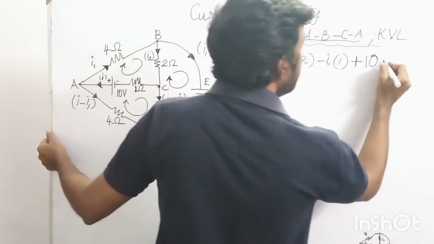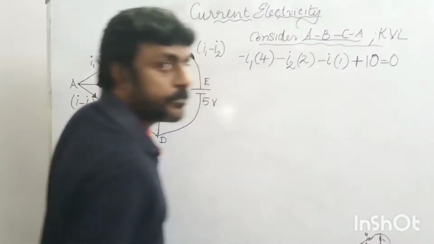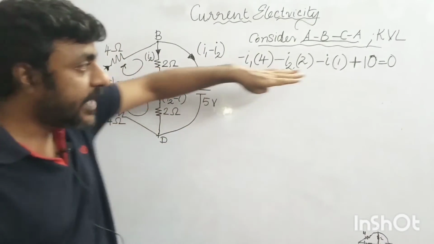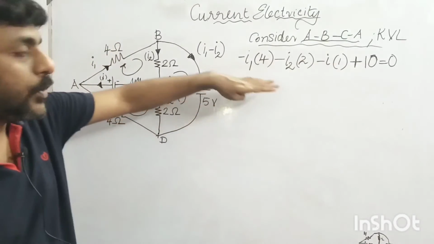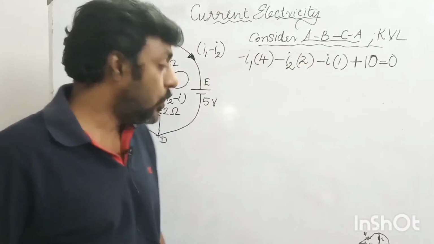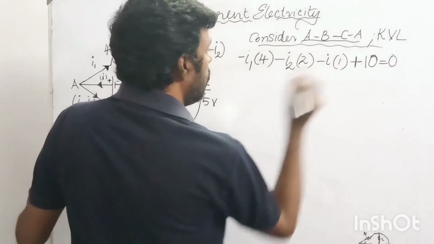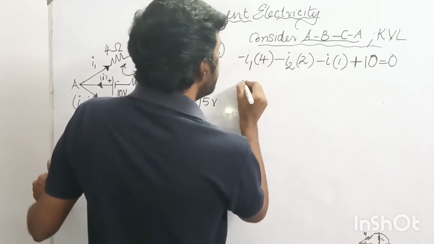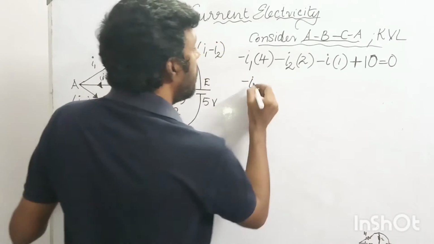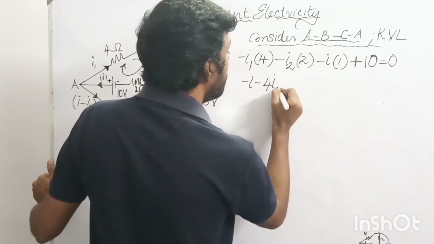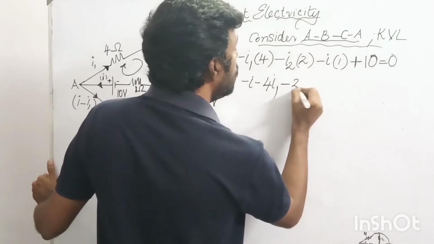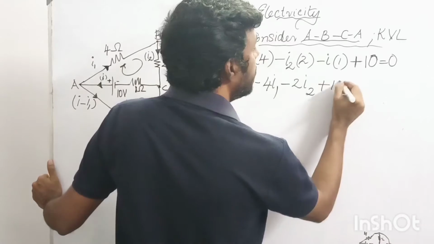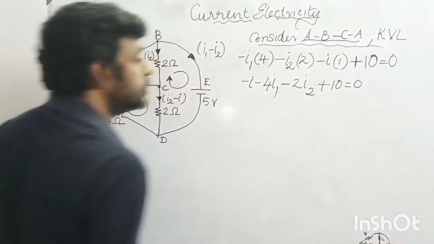So I am equating this to 0. This is what Kirchhoff's law states: the sum of the voltage drops inside a closed network will be equal to 0. So we get minus I minus 4 into I1 minus 2 into I2 plus 10 equal to 0. You got it?